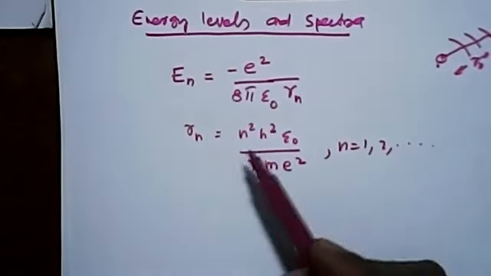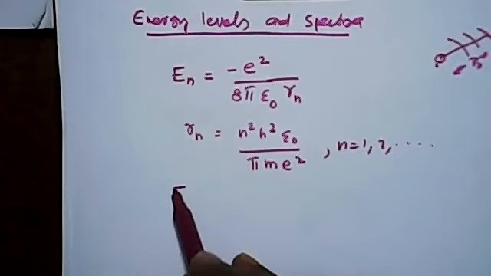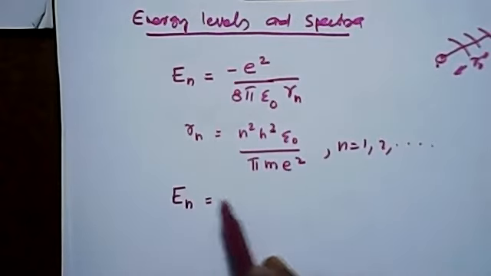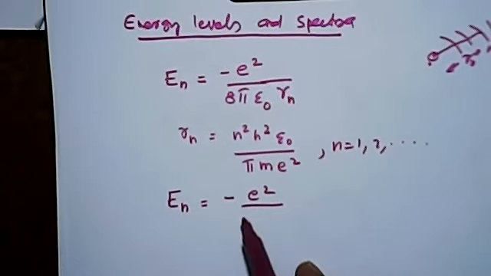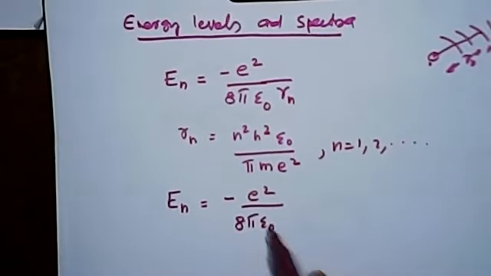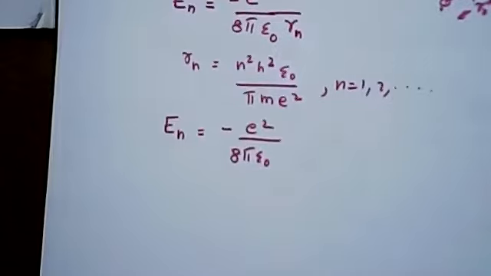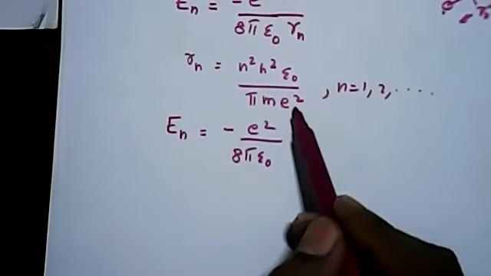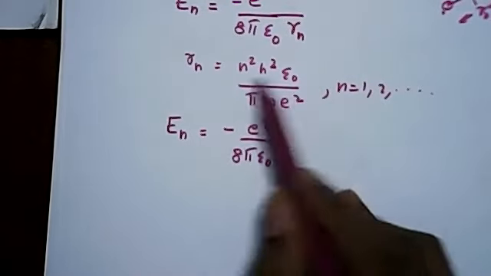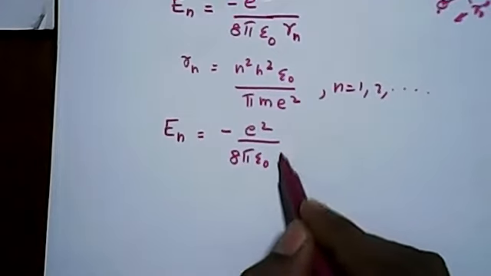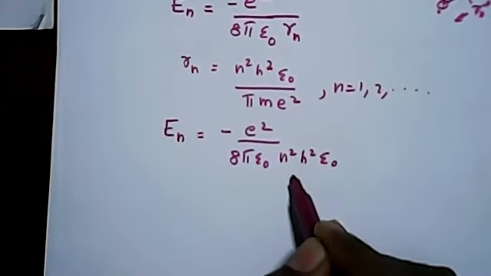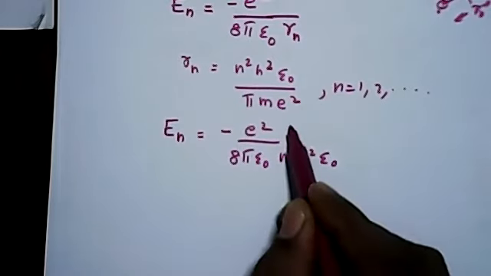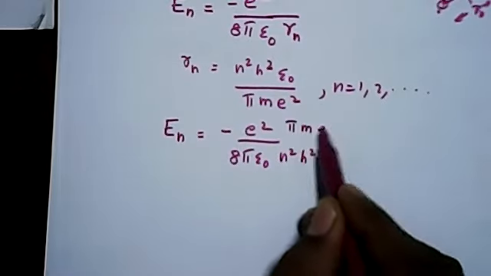We get En equal to minus e square by 8 pi epsilon 0. Now Rn is this one, n square h square epsilon 0 divided by pi m e square.